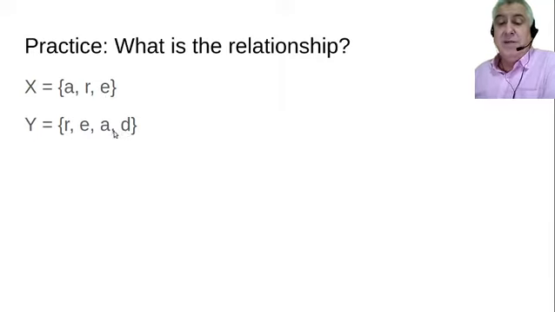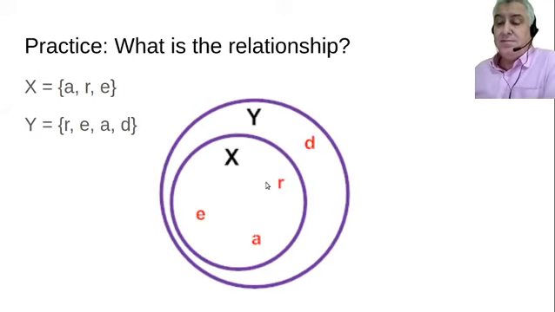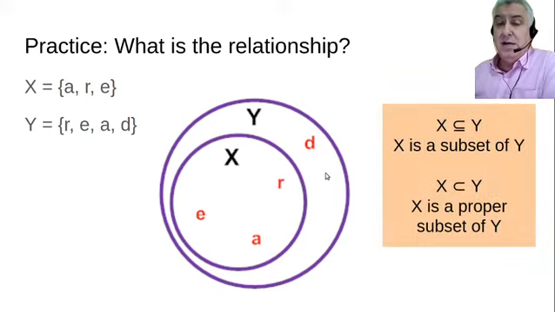Y has 4 elements, so we know that Y cannot be a subset of X, and so we can check if every element in X is in Y. A is in Y, R is in Y, E is in Y. So we know X is a subset of Y. Or we can draw it out graphically, and we can see that everything that is in X is also in Y, and that there is something in Y that is not in X. So therefore, X is a subset of Y, and X is a proper subset of Y too. So either one of those answers is correct.